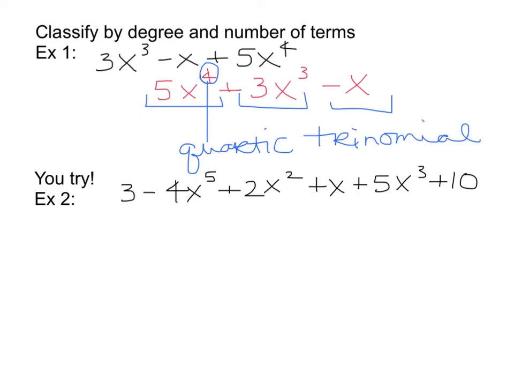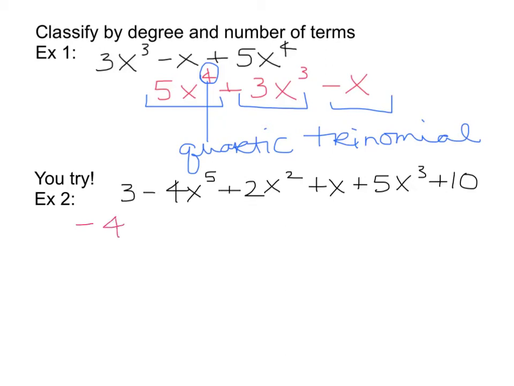Press pause, and I want you to try 3 minus 4x to the fifth plus 2x squared plus x plus 5x cubed plus 10. Again, we are going to classify it by its degree and how many terms it's given. First thing you're going to want to do is write this in standard form, so I need to start with my highest exponent first.